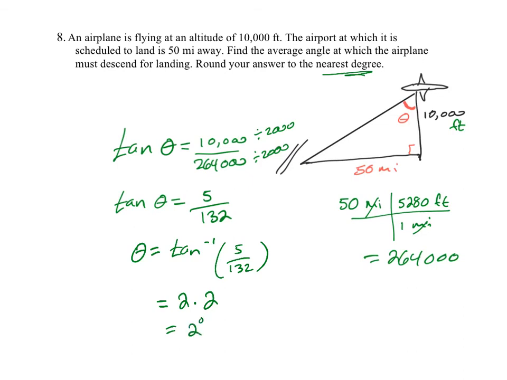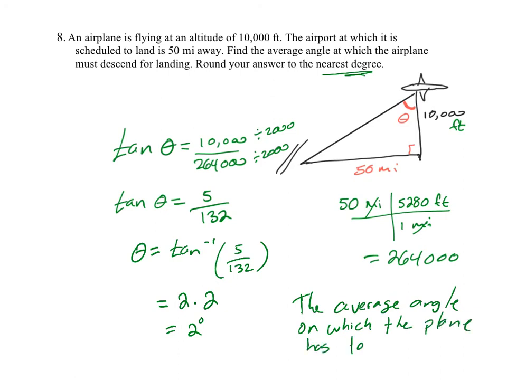So the average angle at which the airplane must descend is 2 degrees. That's it for this one.